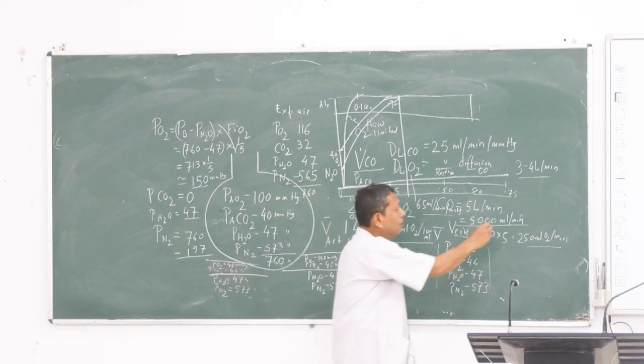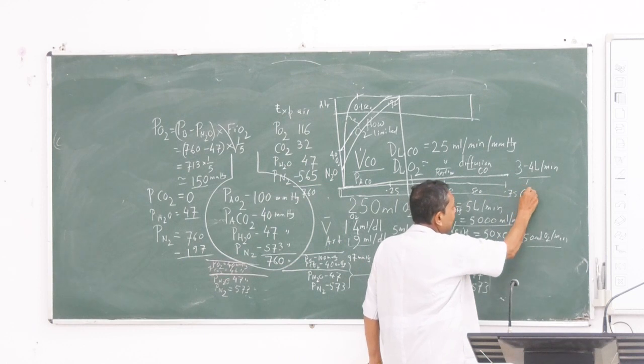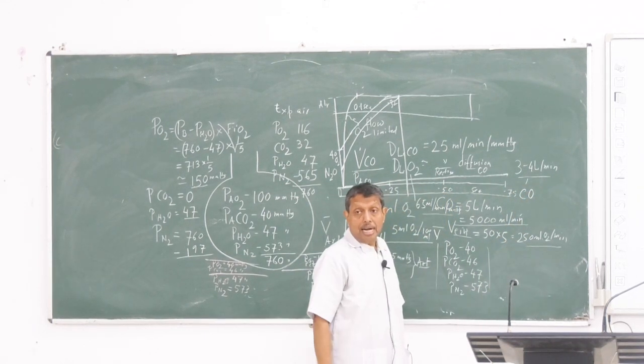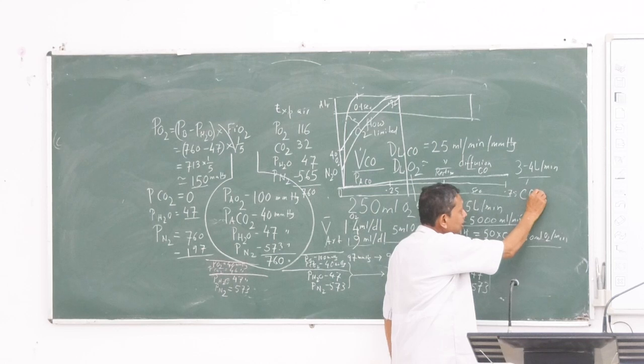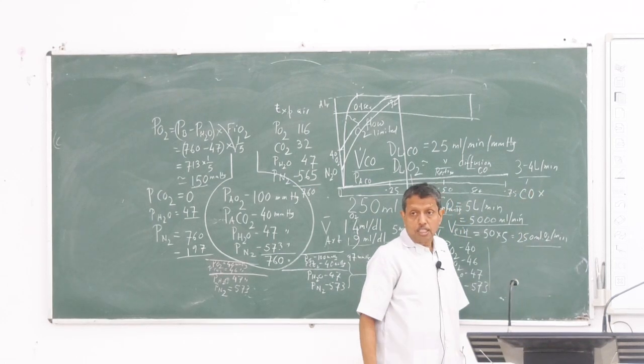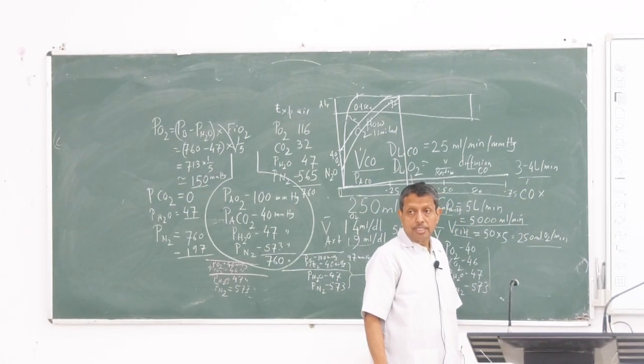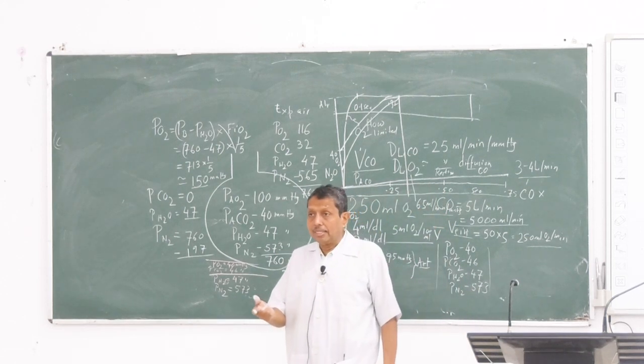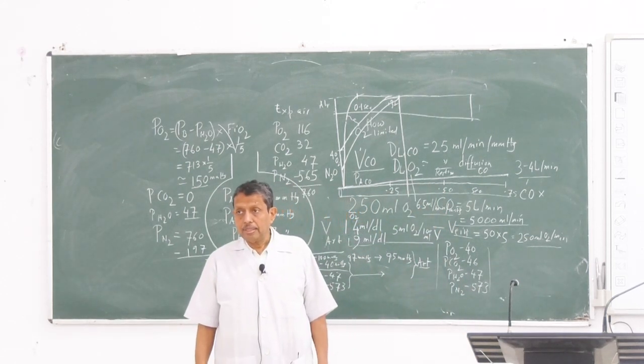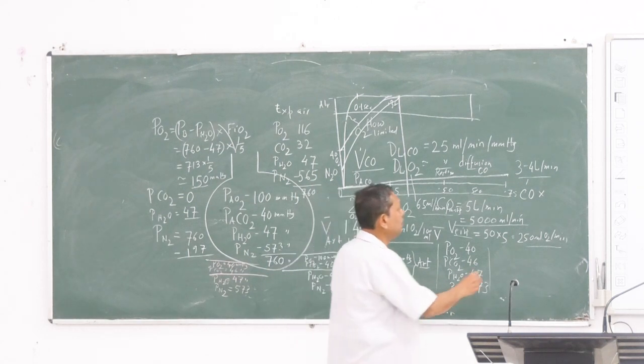Then it will depend upon the raised cardiac output multiplied by this arteriovenous difference between the mixed venous blood and the arterial blood, and you can get this value.